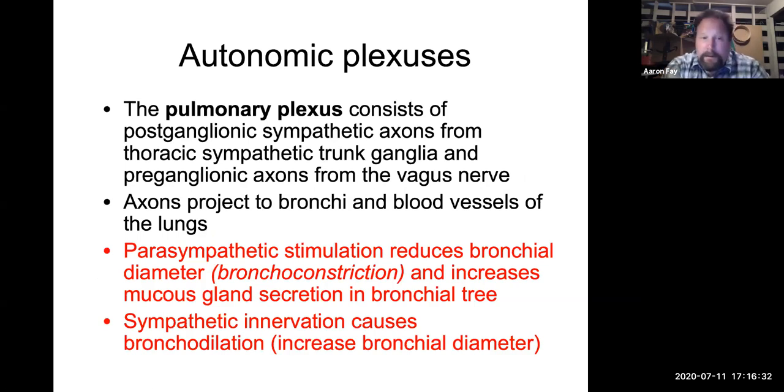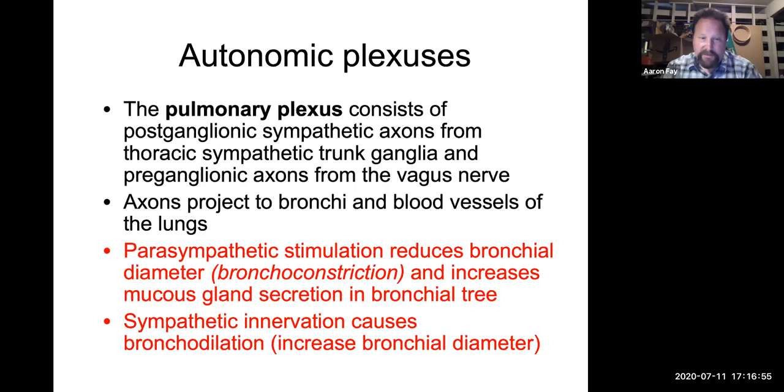Right. Pulmonary plexus. Right. Postganglionic sympathetic axons from the thoracic sympathetic trunk ganglion, preganglionic axons from the vagus nerve. Don't worry too much about that part. Big, complicated mess of autonomic nerves, visceral sensory nerves in the area around the lungs. Here's the important part.